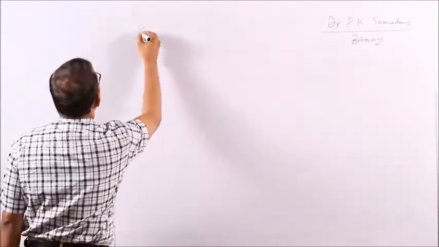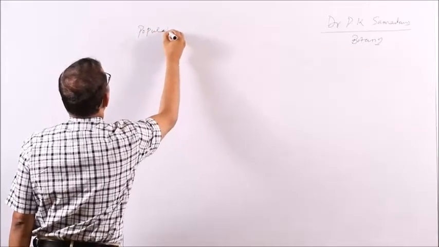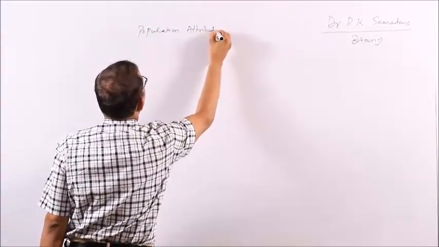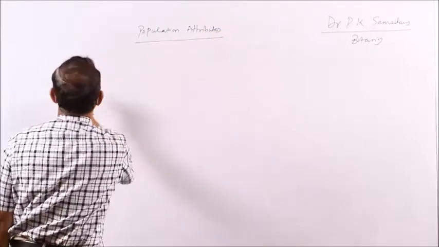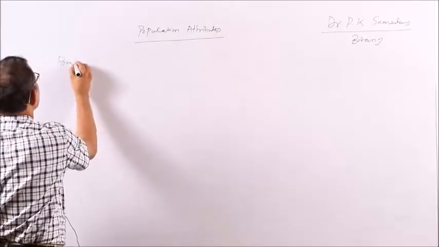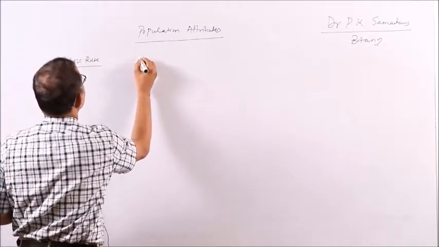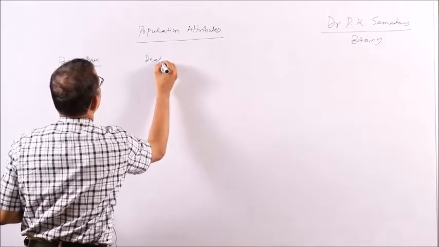So, we are discussing the population attributes. Under that we can now discuss the birth rate, and the difference between birth rate and death rate.